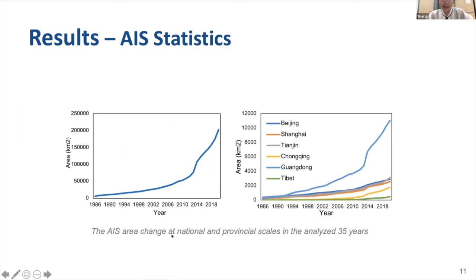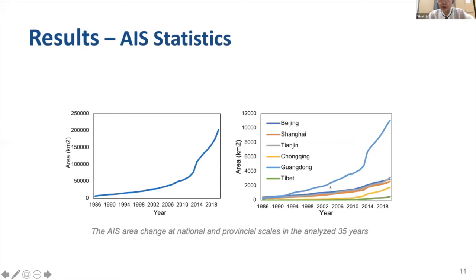So we further compare the area change at different scales, including the national scale and the provincial scale. As we can see on the right-hand side, Beijing, Shanghai, Tianjin, and Chongqing are all municipalities. The first three cities are very similar over the 35 years, and Chongqing's rapid growth is after 2010, as it is a transportation hub which links the central part and the western part of China.